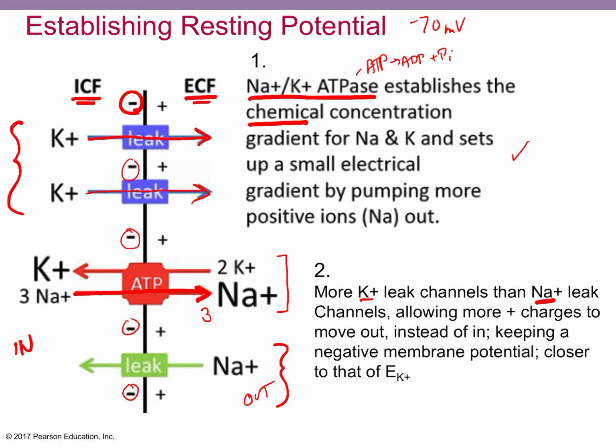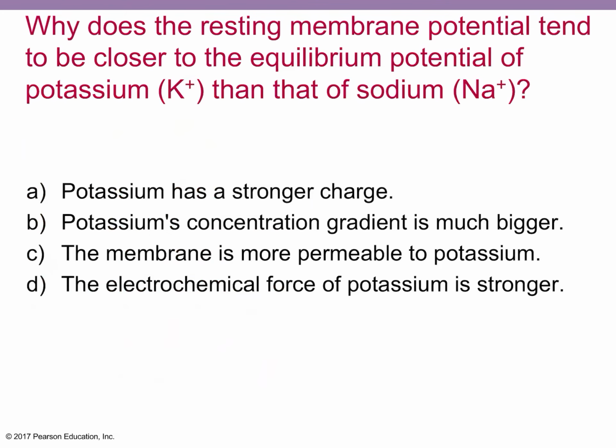Nothing's going on when a cell is resting. There's no action potential, but we've created a membrane potential at negative 70 millivolts. There is a potassium and sodium concentration difference, and also a charge difference, with the internal environment of the cell being negative 70 versus the outside of the cell.